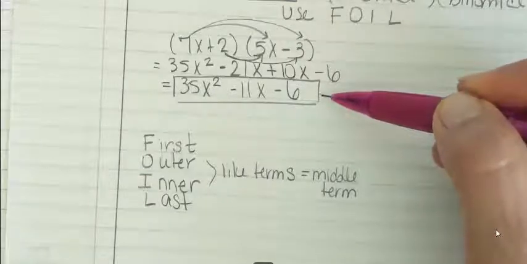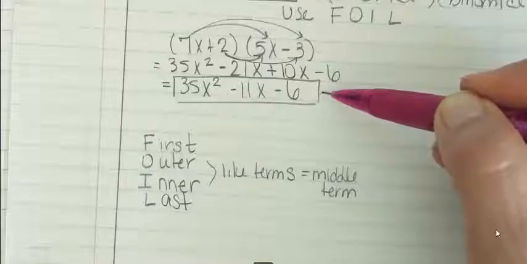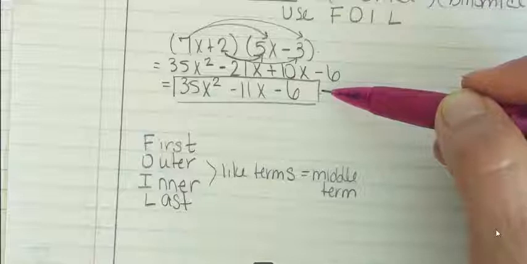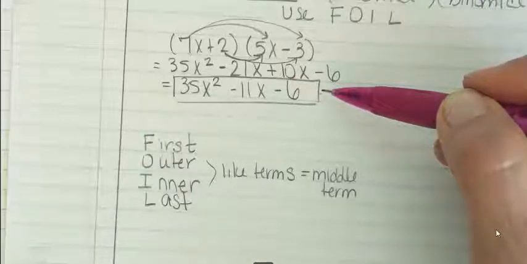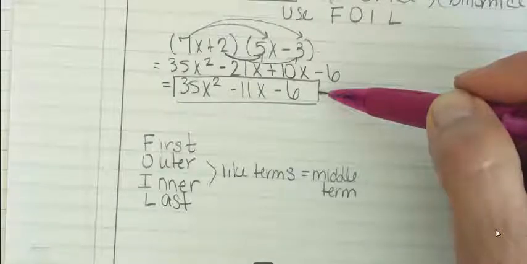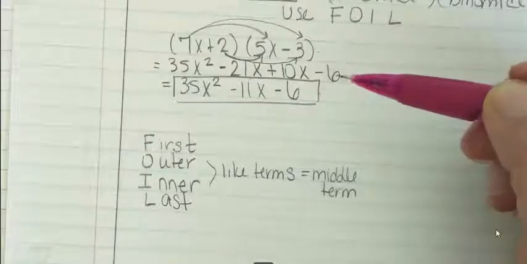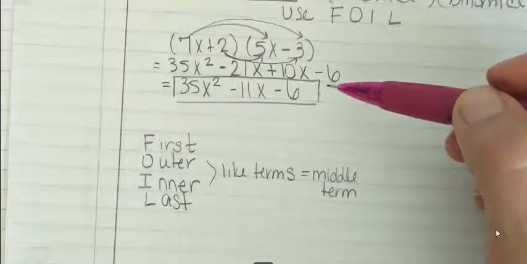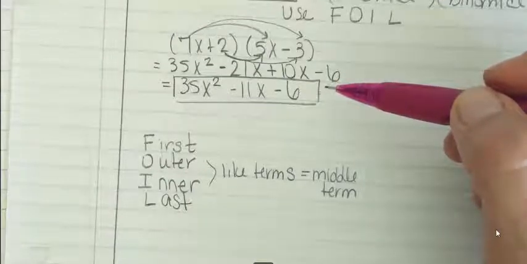This never leaves you. As long as you are working in mathematics, you will be factoring for the rest of the time that you work in mathematics. And those of you that are staying with me through your entire high school career will be doing lots and lots of this. We'll even do this in calculus. And those of you that are going on to college, you're going to need a math class, at least one.